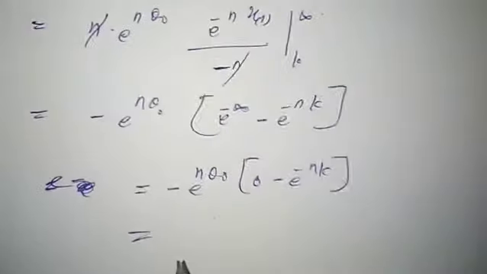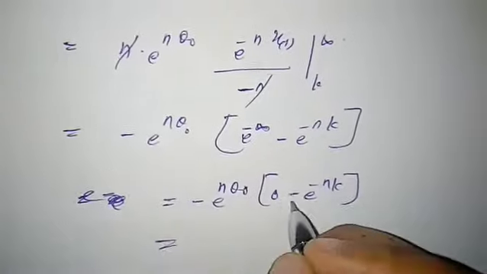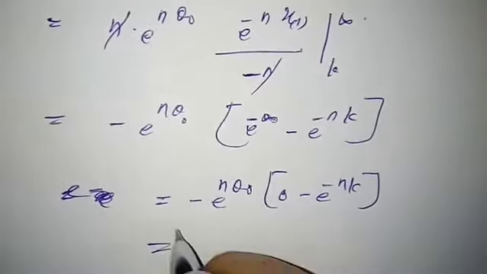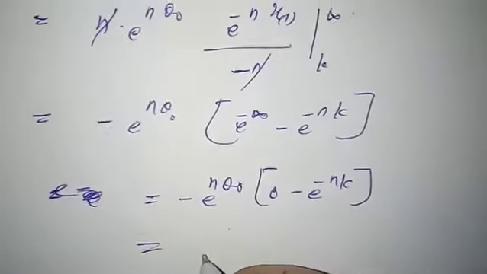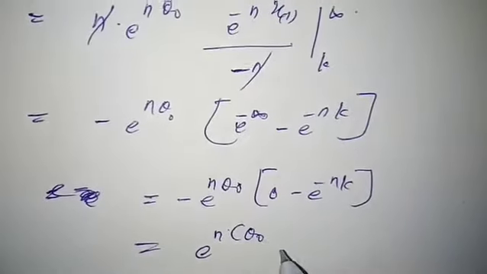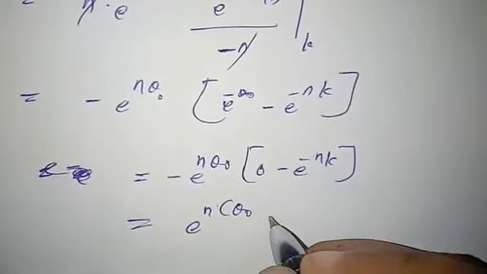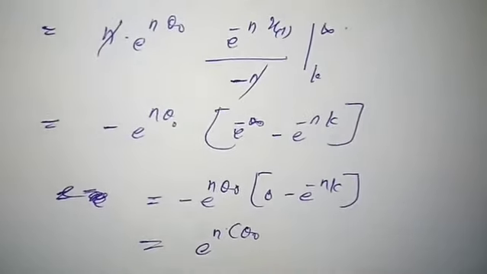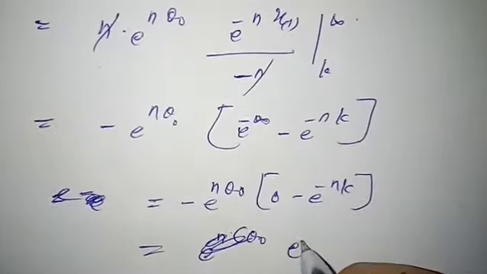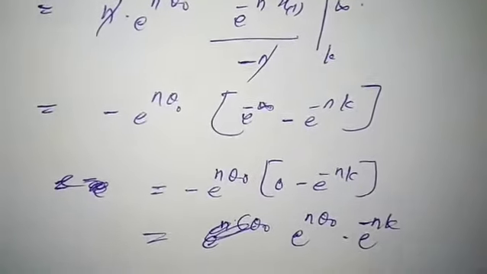Writing this together, minus into minus gives plus, so we get e power n theta naught into e power minus n k.